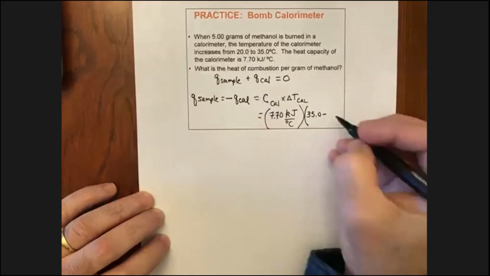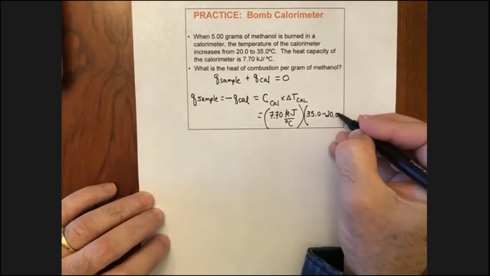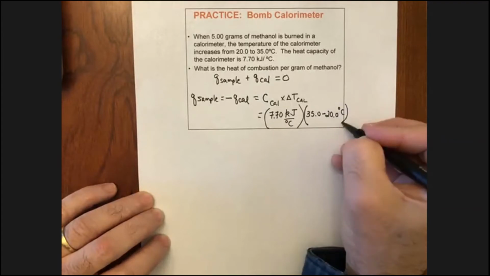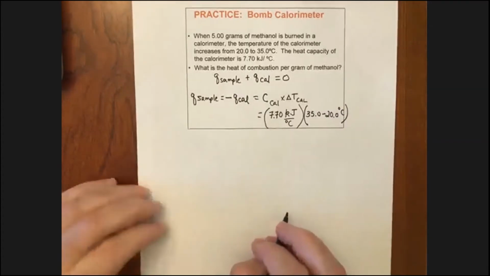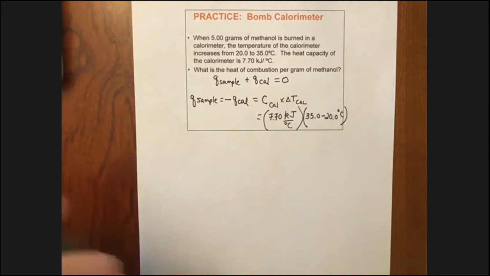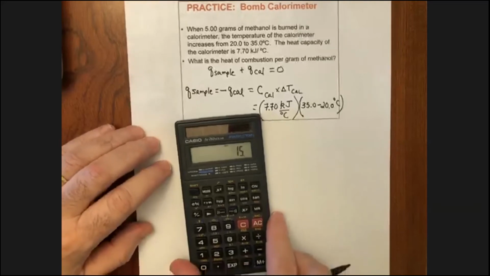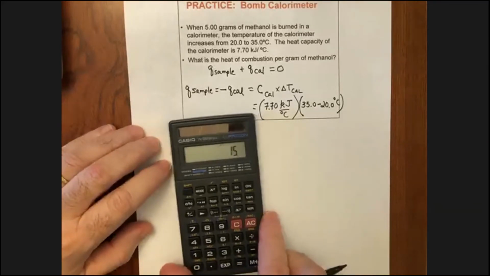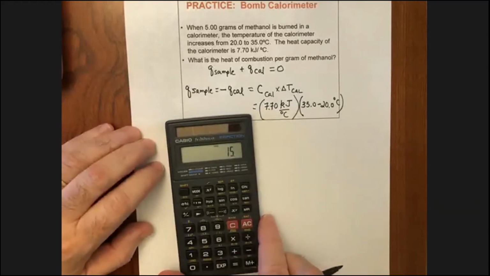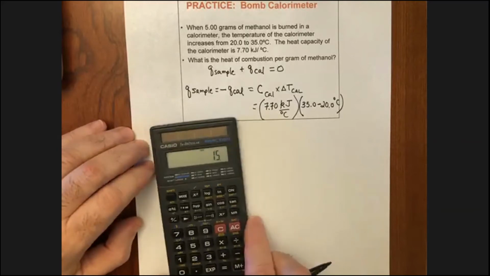Initial temperature was 20.0 degrees Celsius. So 35 minus 20 equals 15, but remember I had a decimal there, so this is really 15.0. So that's 3 sig figs.